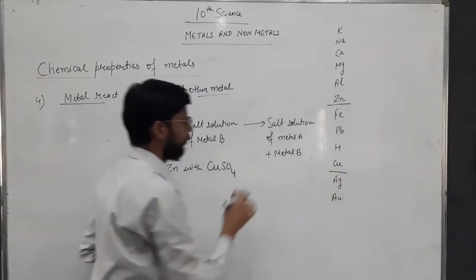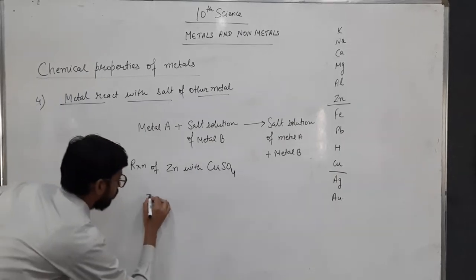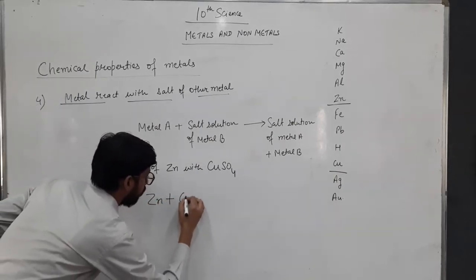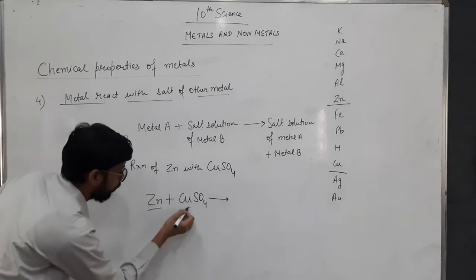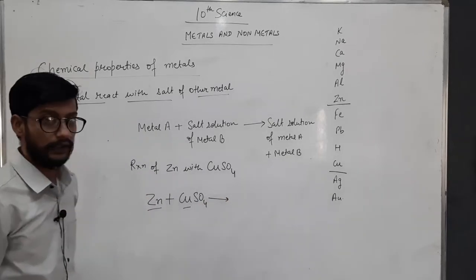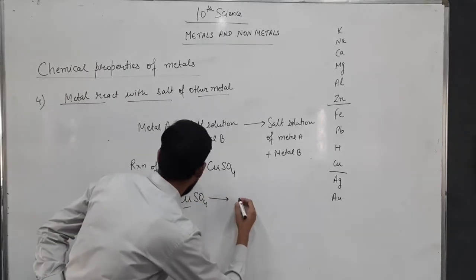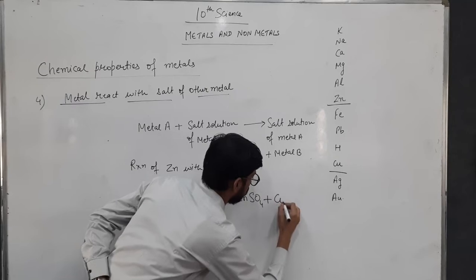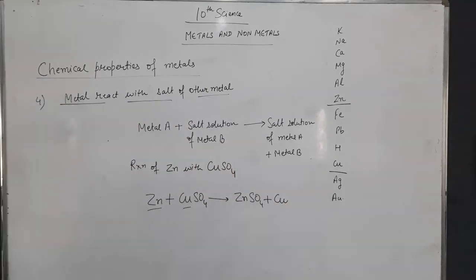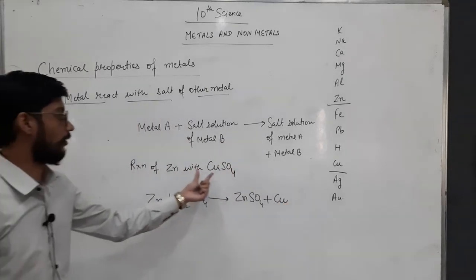So zinc is more reactive than copper. So zinc plus copper sulfate: since this zinc is more reactive than copper, it will displace copper from its salt solution. So we get zinc sulfate plus copper. This is the reaction between zinc and copper sulfate.